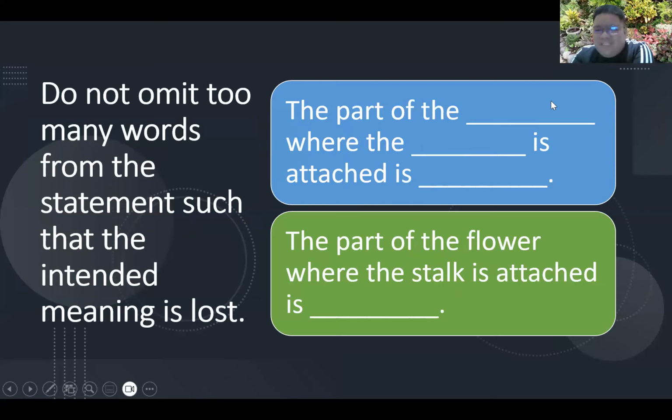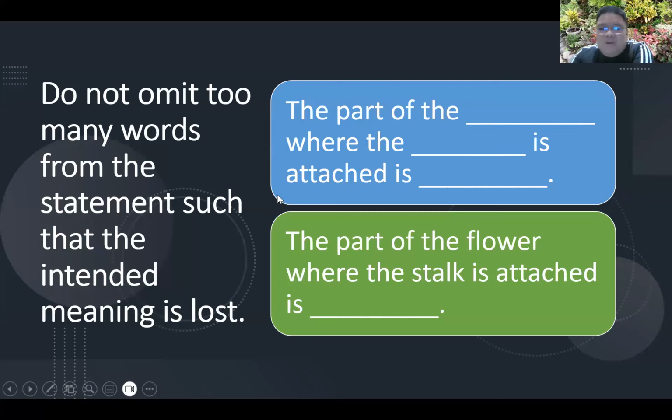The part of the body where the skin is attached, or is it the part of the bone where the muscle is attached? Okay? So pag nagbablank tayo, okay lang naman yung multiple blanks, but just make sure that your sentence still makes sense. Or else your student would be confused if ano yung gagawin niya, or ano yung i-fill in niya sa blanks.